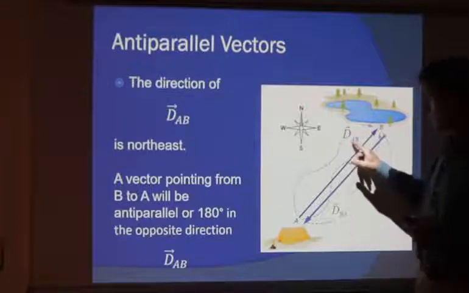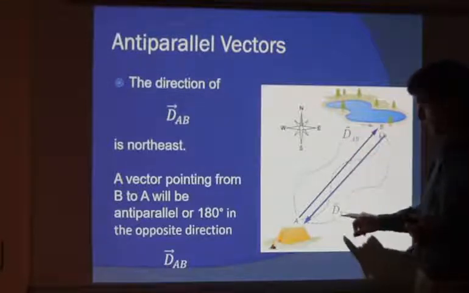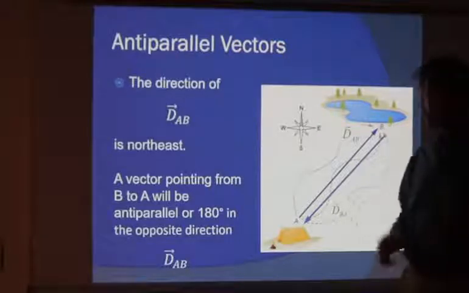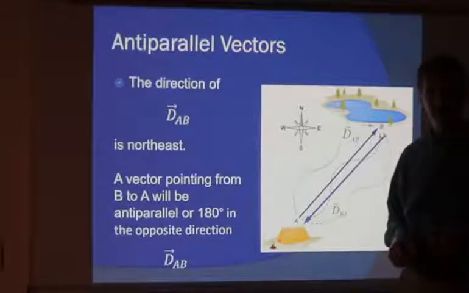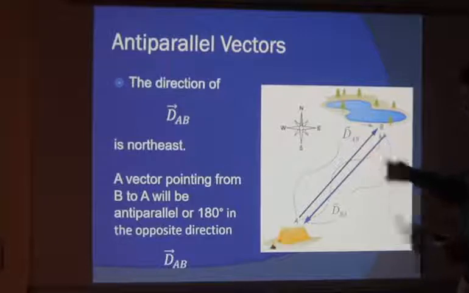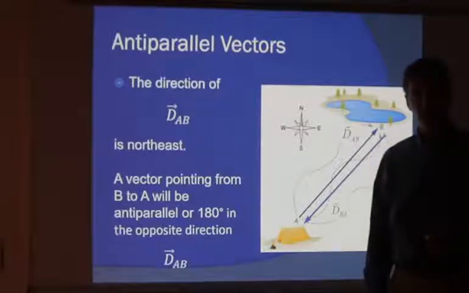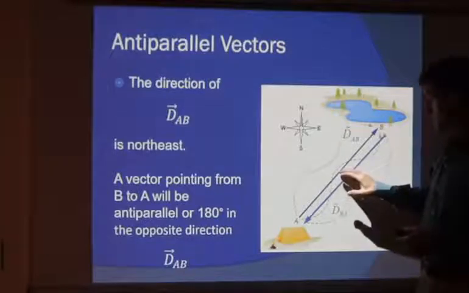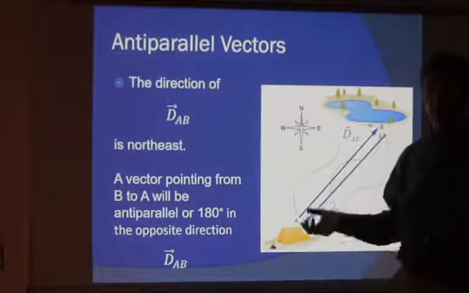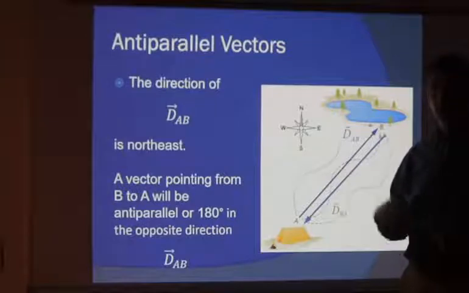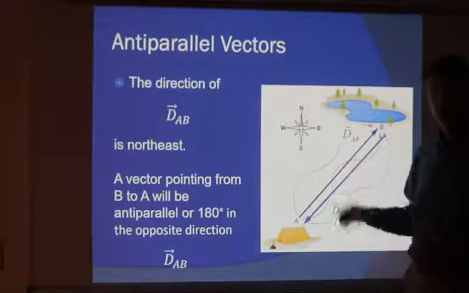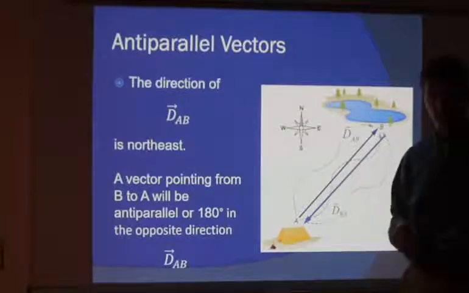D_AB and D_BA both have the same length, so we would say their magnitudes are the same. But each direction is 180 degrees different. We take this vector and rotate it 180 degrees, and we get the other vector. We would then say these two vectors are not just antiparallel, they're also opposites to one another.